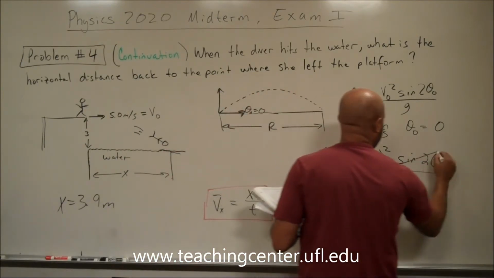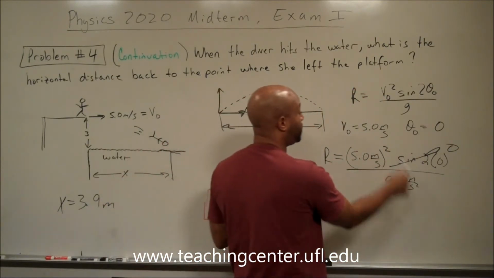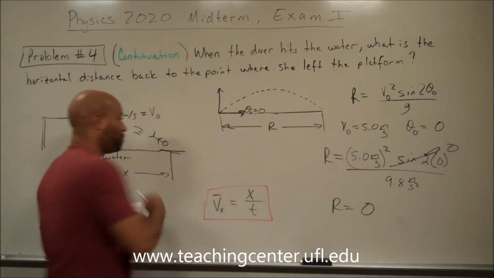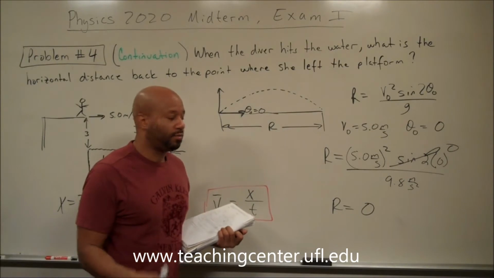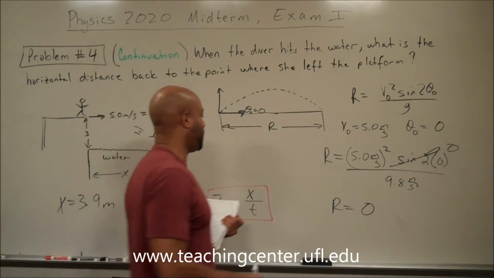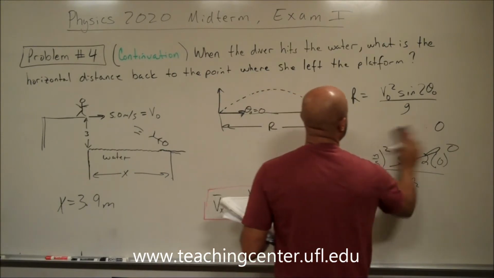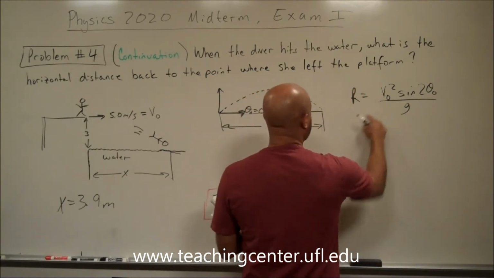Well, we know that in the numerator we're going to get 0 here, and 0 times anything is going to give us 0, so we actually get the range to be 0, which does not equal 3.9 meters. So you ask yourself, what's the problem? The problem is that this is not the correct formula.